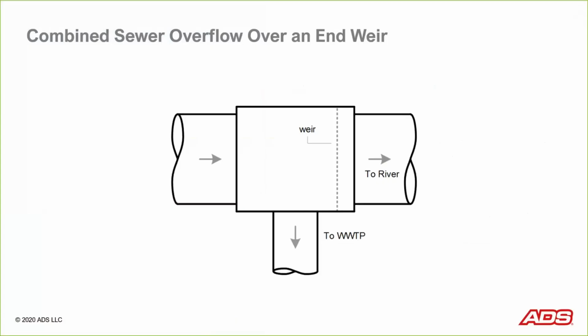The flow comes into the structure from the left, and typically during dry weather, it gets diverted to the right and goes out a smaller pipe to the wastewater treatment plant. In wet weather events, if the flow gets high enough, it will actually flow over a weir wall and then go directly to the receiving water body, a river in this case. Let's look at an example of one of these in a scatter graph.